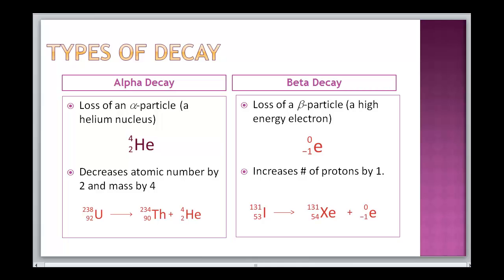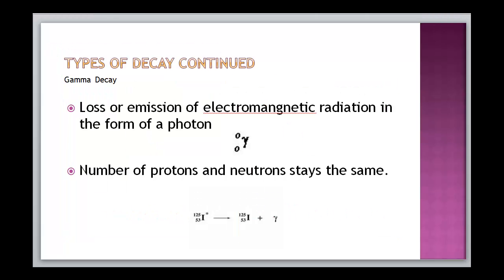And then the last one looks at gamma decay. So a loss or emission of electromagnetic radiation in the form of a photon. This is the symbol. All right, number of protons and neutrons stay the same. So this is iodine, and this is going to have a plus or an asterisk to indicate that this is gamma decay. And what you should be able to see here is that iodine doesn't change. Like if you look at those other examples, we went from one type of atom to a brand new type of atom.